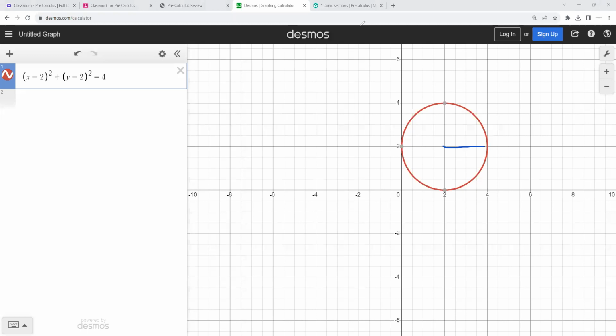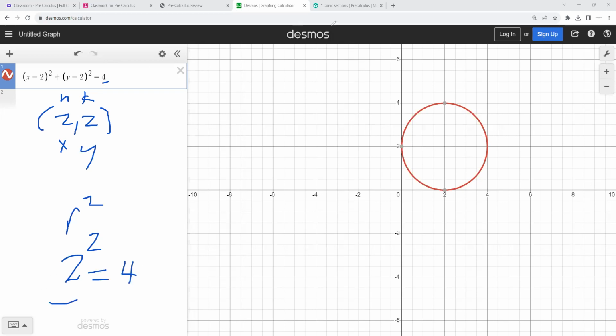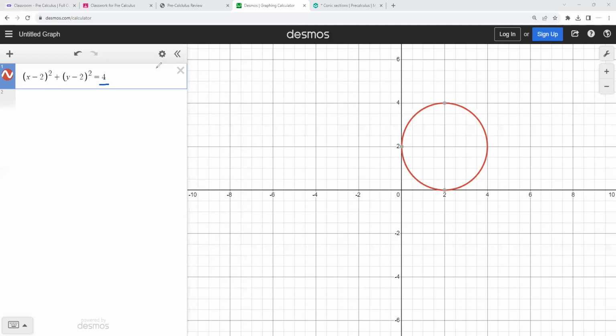So the formula is x minus h, so x minus h, y minus k. Your (h, k) is your xy coordinate for the center of the circle. This is radius squared, right, which is 4. So that means the radius is 2. If you go backwards, take the square root of that, you get the radius. And you get the center.